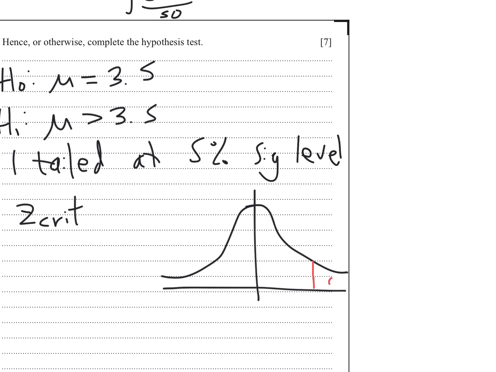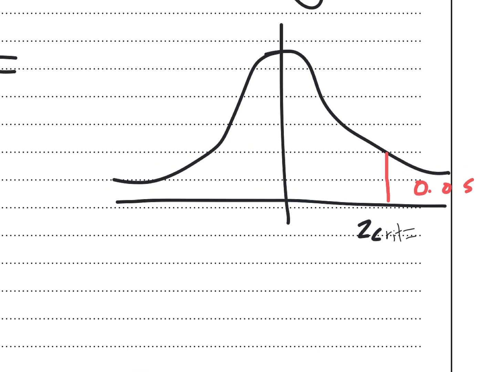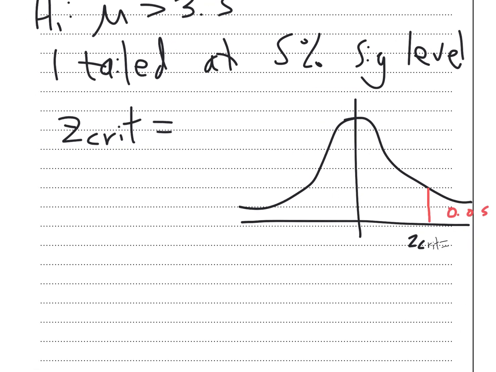Z crit is where there is a 5% chance on the upper side because it's a 5% significance level, so there's only going to be a 5% chance of it being bigger than the Z crit value. That means the area to the left of Z crit is 0.95. So what I need to do is find 95% or 0.95 in the tables or using your calculator.